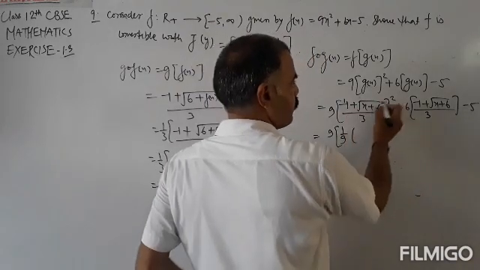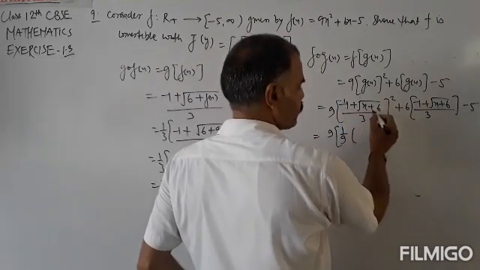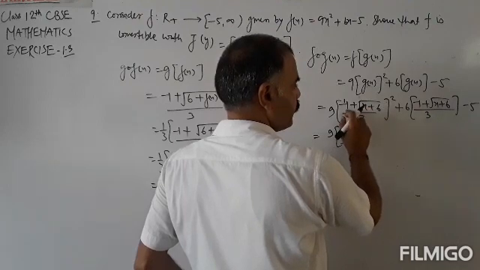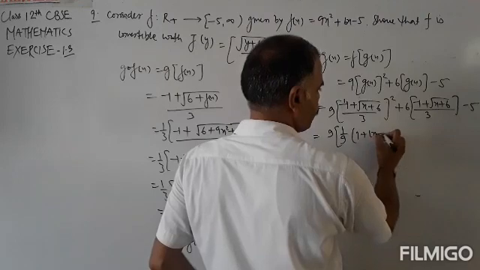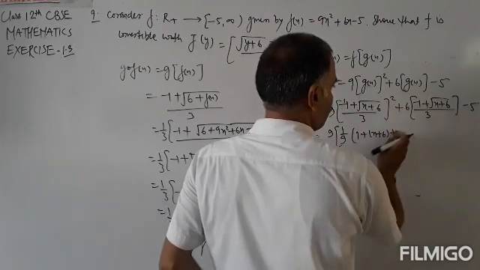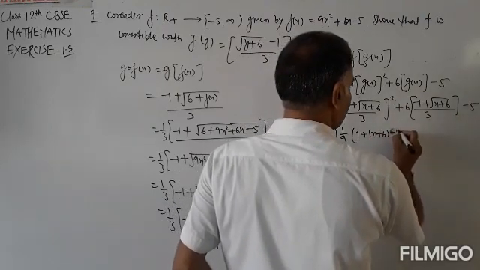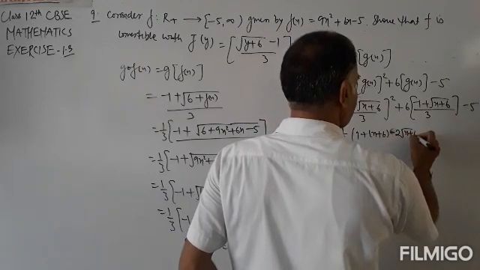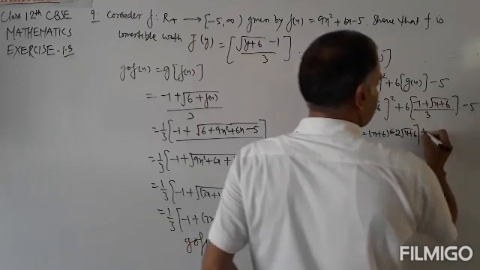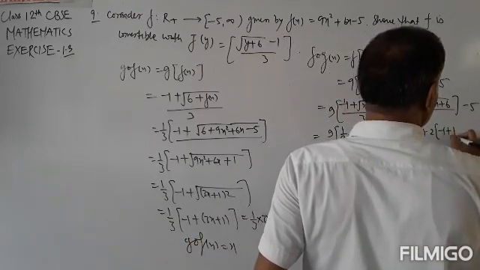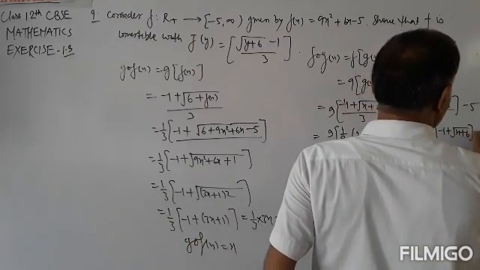Now squaring of (-1 plus under root x plus 6), this means (a minus b) whole square: a square is 1, plus b square is x plus 6, plus 2ab, minus 2 into under root x plus 6. Plus 3 twos are 6, 2 into (-1 plus under root x plus 6) minus 5.